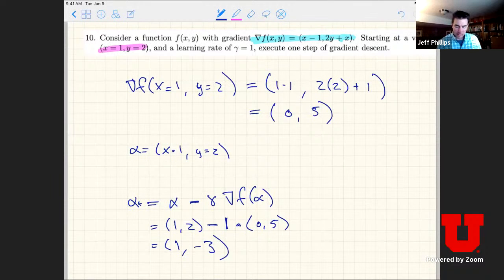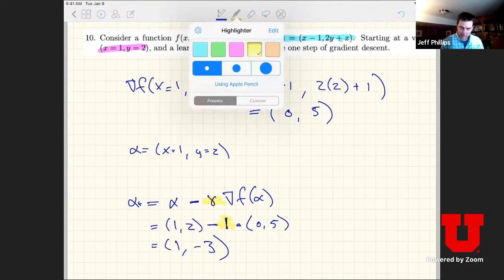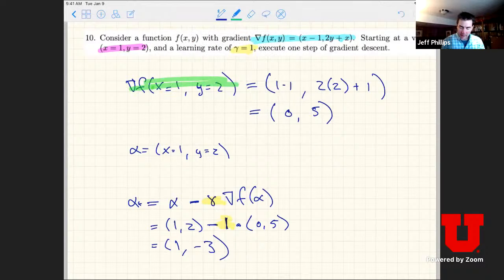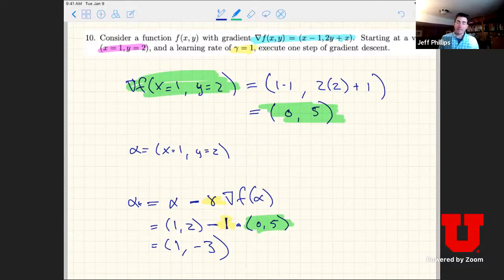The learning rate of gamma equals 1 goes in here, and the gradient calculated at x equals 1 and y equals 2 gets plugged in here. To run this, you just iterate until it slows down, until the norm of the gradient is small, or for some number of steps. Great.